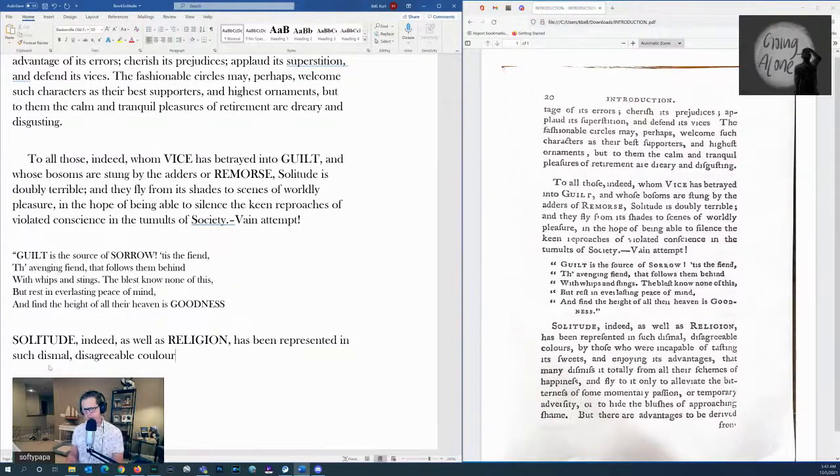Keep that British spelling or American spelling? Colors. I'm going to go with the American. Colors by those who were incapable of tasting its sweets.